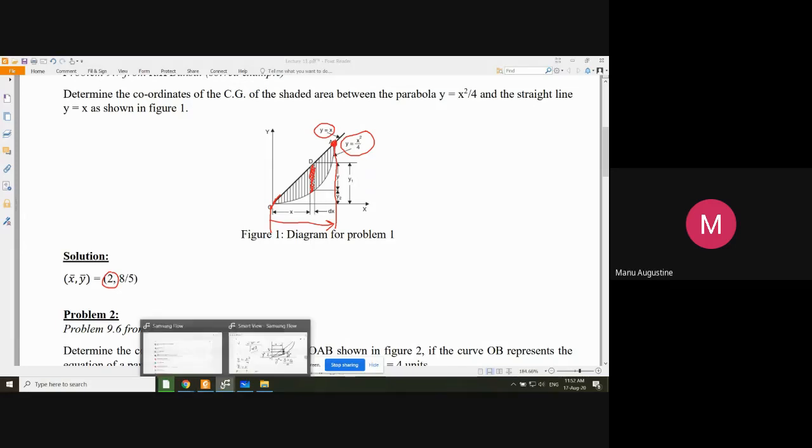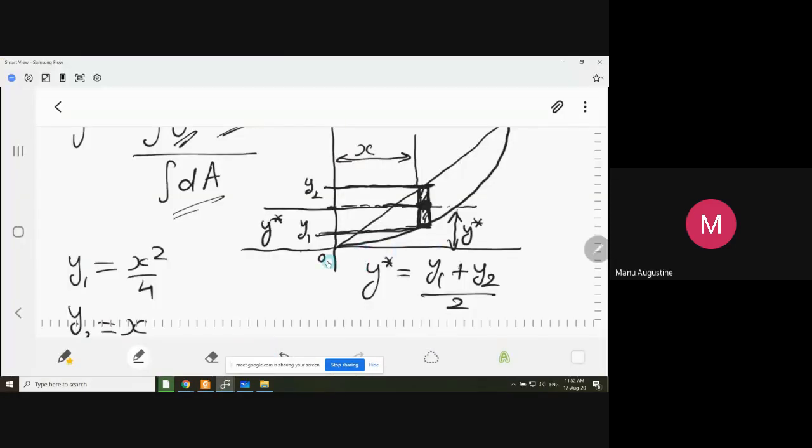Okay, sorry, one minute. I think you are not seeing. I'm really sorry, you are not getting the image. Now please look here once again. I have drawn this image. This is the rectangle. This is y1. This is y2.